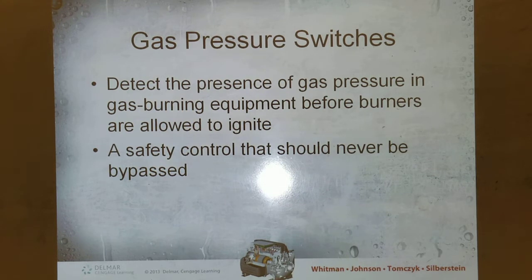It's just a small gas pressure sensing device that will let you know there's gas in there, so it won't light the pilot and it won't start the burners. But they've gone more sophisticated than that, with other ways of testing to see if the gas valve is actually on or running.